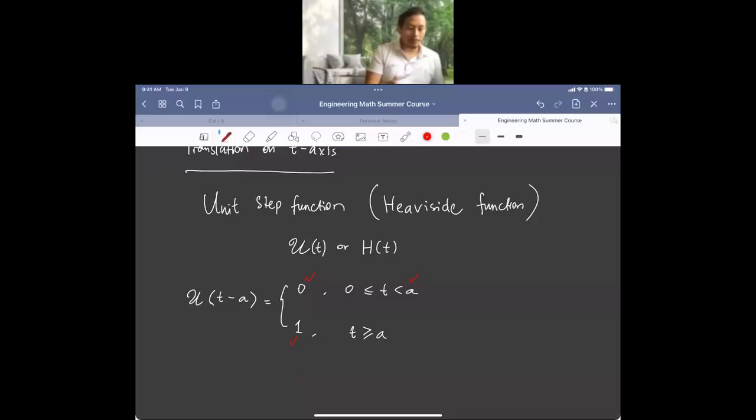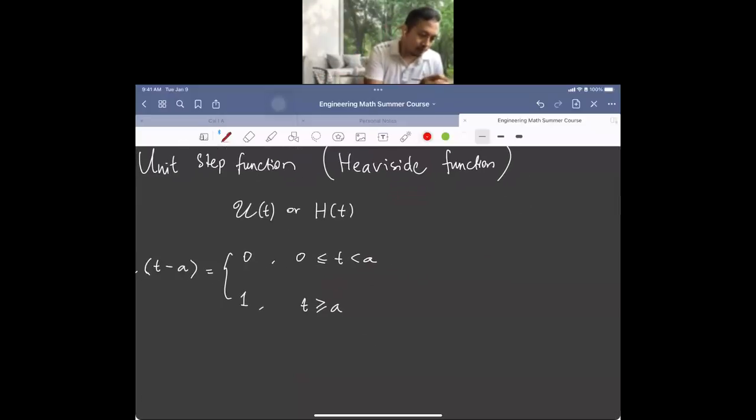So what's the implication of this 0 and 1? Consider your electrical device, or maybe your lamp.